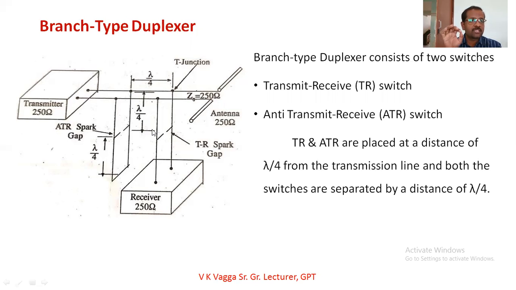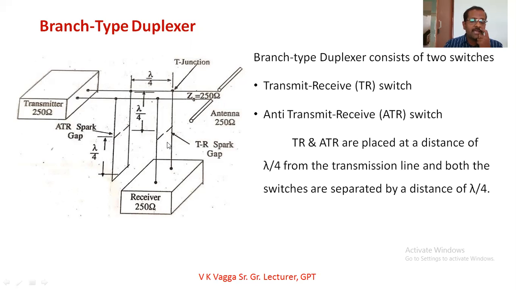The spark gap itself is acting as the switch. If the spark is available, it is acting as an open switch, and if the spark is not there, it is acting as a closed switch. ATR is acting as the spark switch for the transmitter, and TR is acting as the spark switch for the receiver.